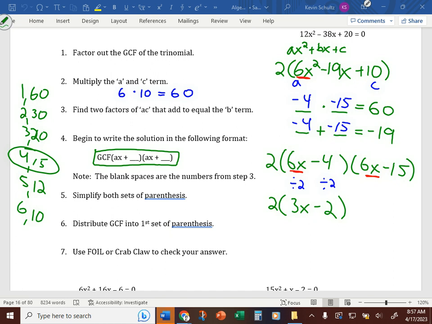And then what can I take out of my second set? 3. I can divide by 3. And that's going to give me 6x divided by 3 is 2x. Negative 15 divided by 3 is negative 5.